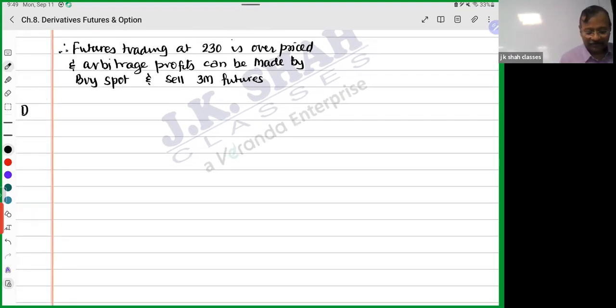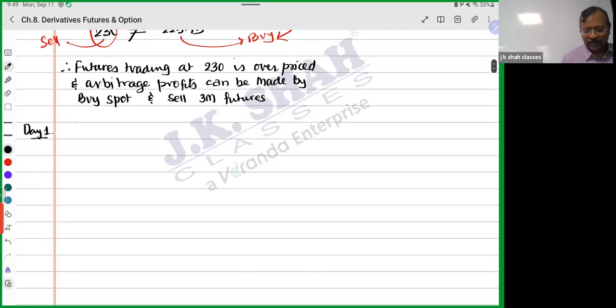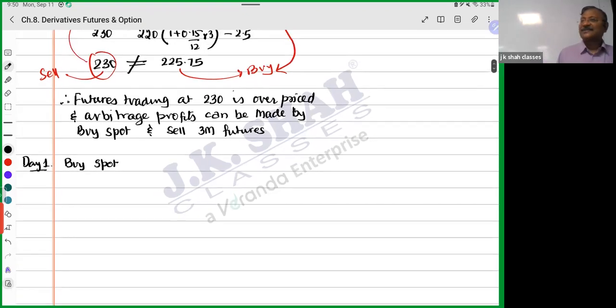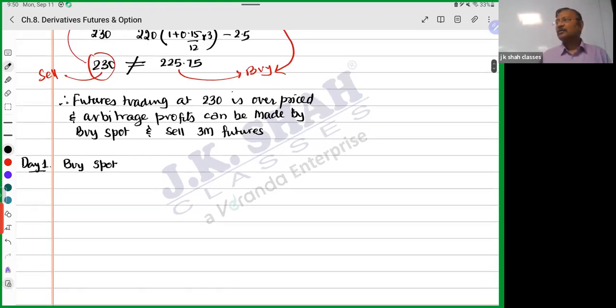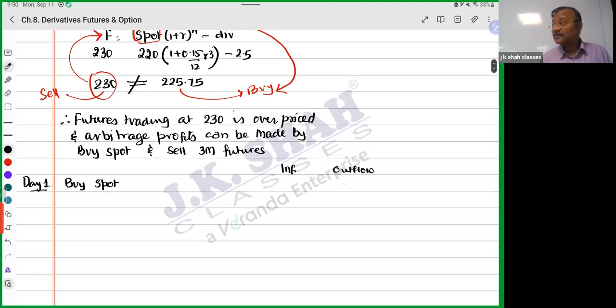Day 1, and like I said, boss, don't write, just keep following. Day 1, you are going to buy spot. Right? Now, if you buy spot, is there going to be an outflow or an inflow? Okay, so let's have 2 columns here: inflow, outflow. You're going to have an outflow of how much? 220.